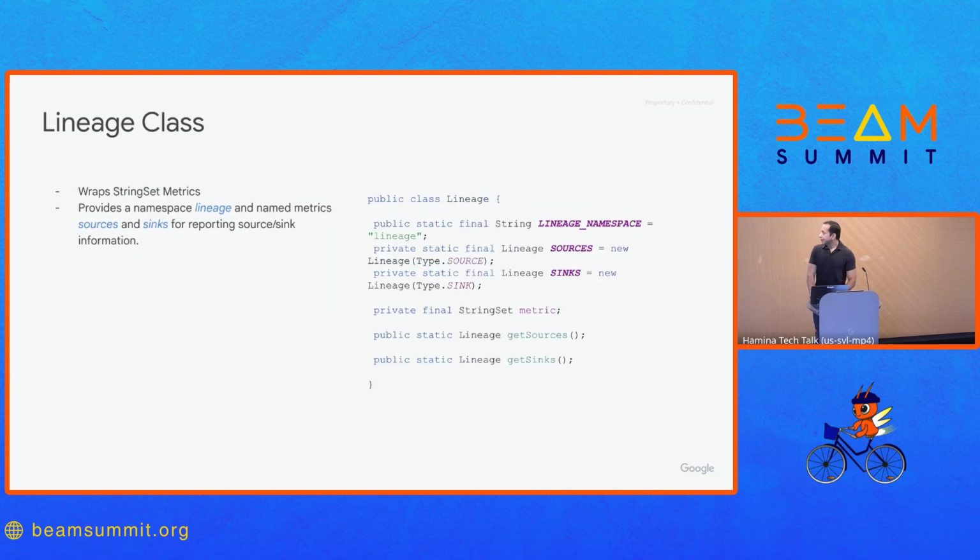We also added a lineage class, which is basically a wrapper around the string set metrics. We introduced a namespace called lineage, and it has two named metrics, sources and sinks. These are the metrics which track the sources where the job is reading from and the sinks where the job is writing to.